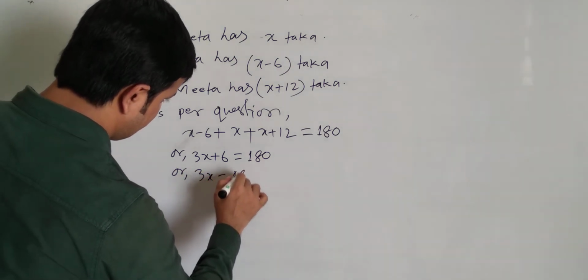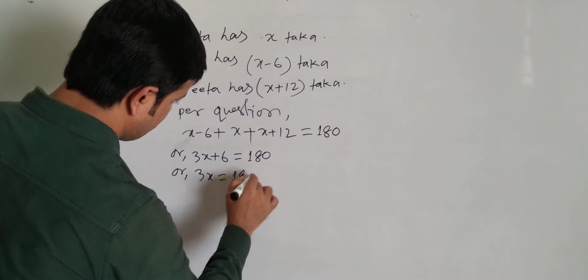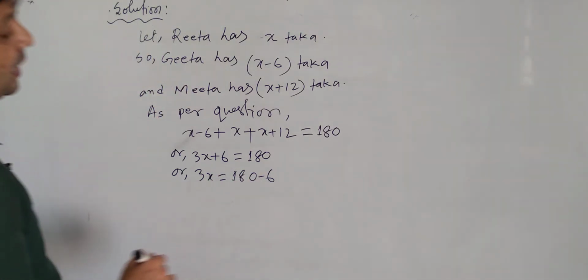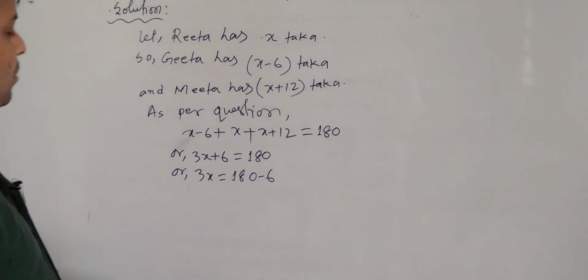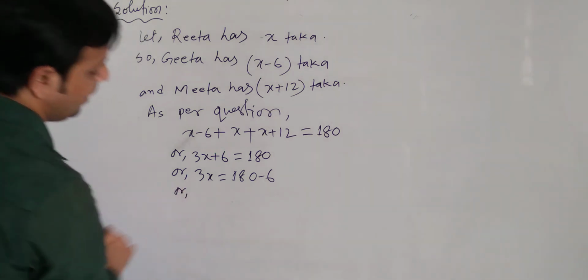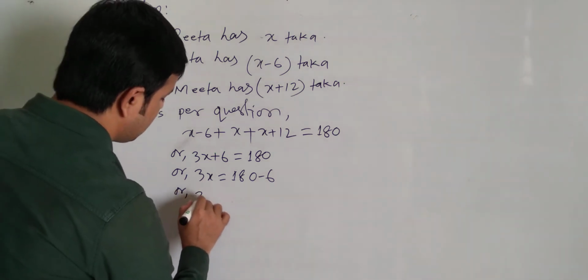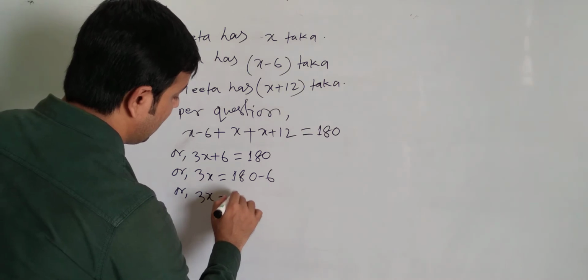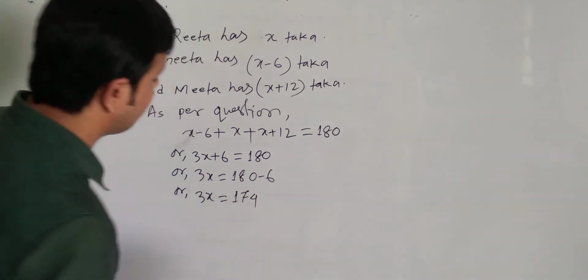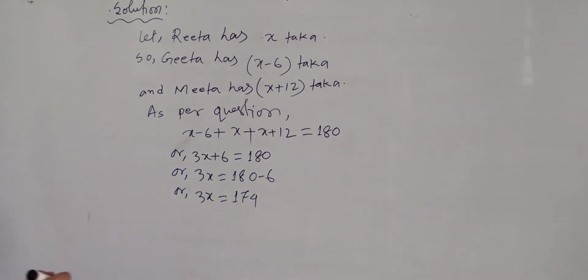3x equal to 180 minus 6. It means that we have subtracted 6 from both sides. Okay, now 3x equal to 174 if we subtract 6 from 180.